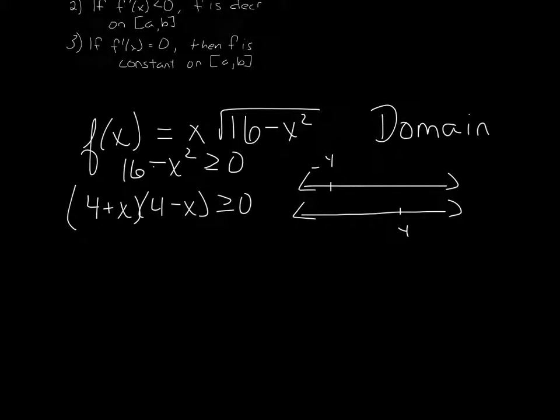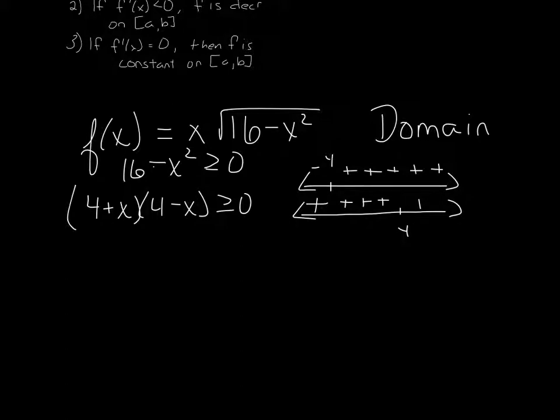Okay, so if I choose 0, that's going to be positive. What if I choose something that's less than -4?